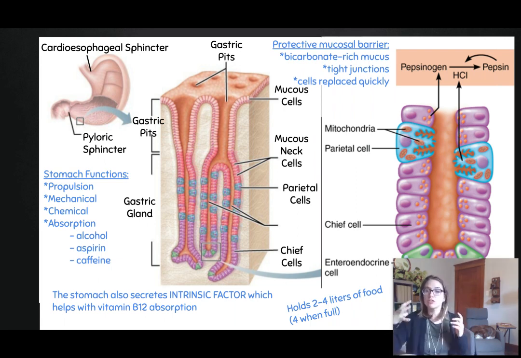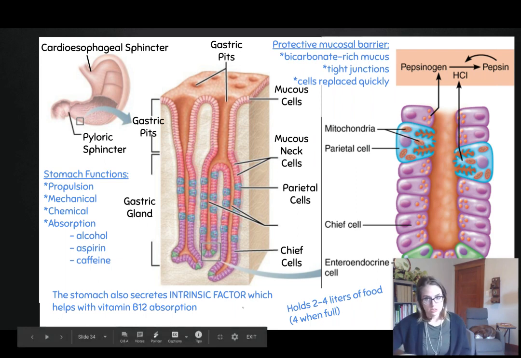The fullest your stomach usually can get is up to 4 liters. Now that's mixed in with some of the gastric juices and other liquids. But yeah, you can hold a lot of food. And when you think about people who are food eating contest champions, they can train their body to maybe even do a little bit more. But on average, you can eat up to 4 liters, which is a lot.